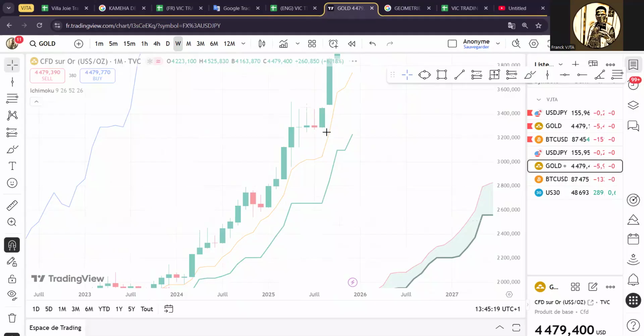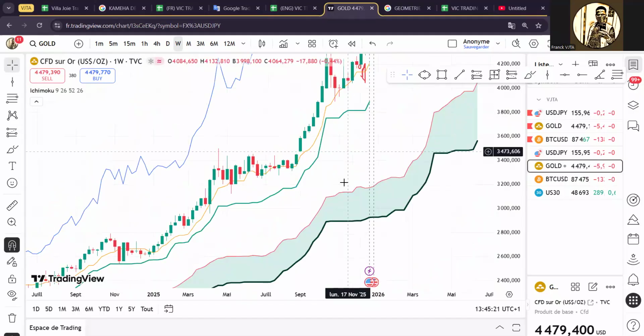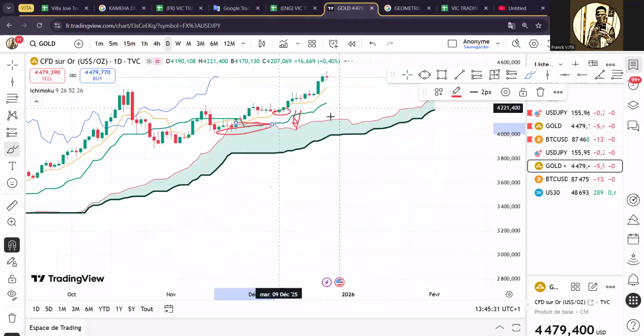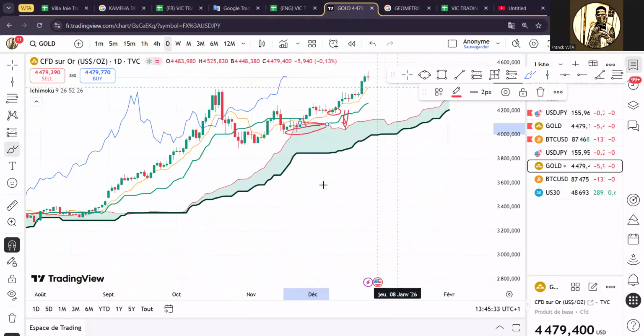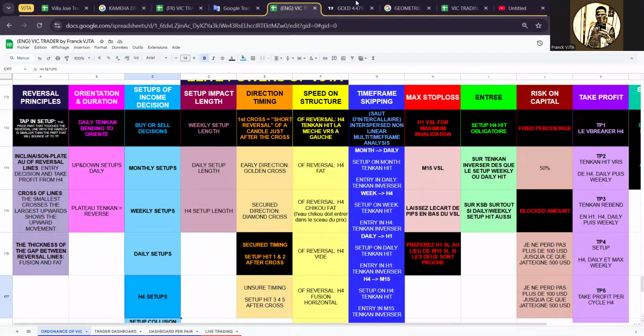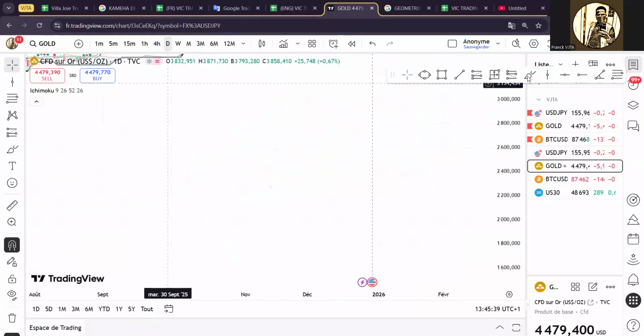But you have a weekly setup where the last time it has been touched is just recently, a few weeks away, like 24 November. So every setup that is being touched on daily, weekly are income decision setups.